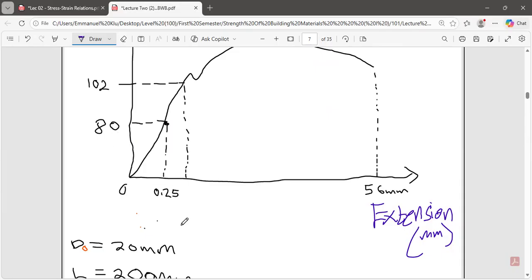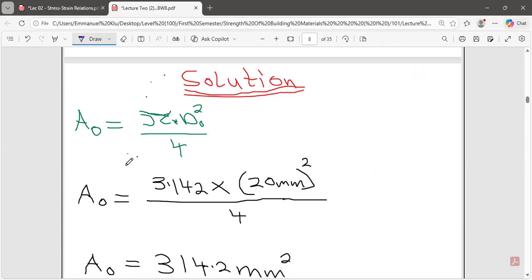Let's adopt the 80 kilonewton for the calculation of our stress, and adopt the 0.25 for the calculation of our strain. Exactly.